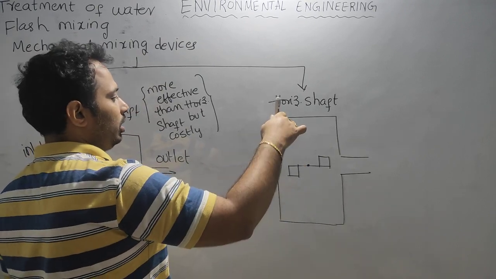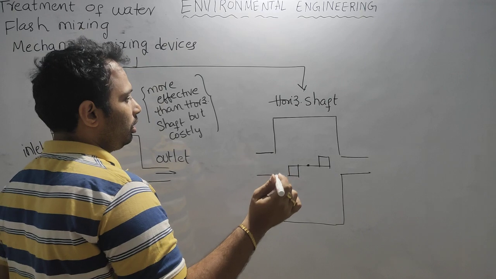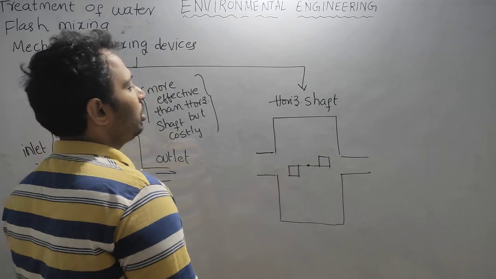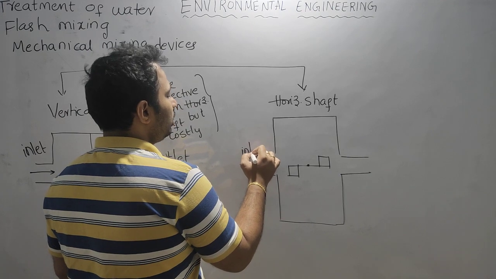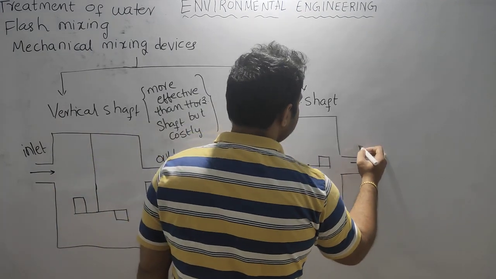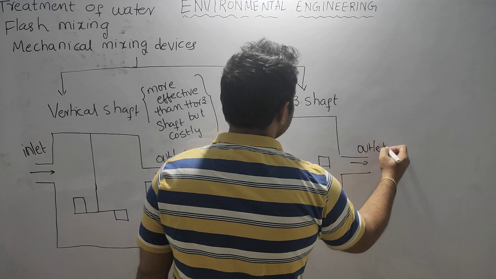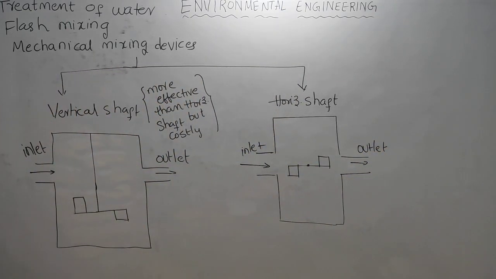Earlier the shaft is in vertical plane, now the shaft is in horizontal plane. This is horizontal shaft mixing device. This is inlet and this is outlet. These are the vertical shaft flash mixing device and horizontal shaft flash mixing device.